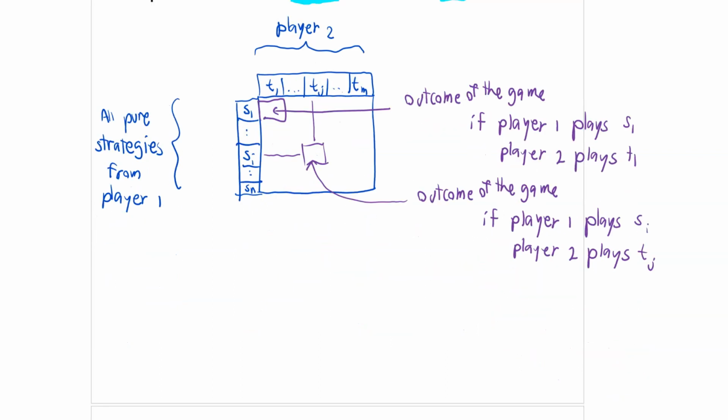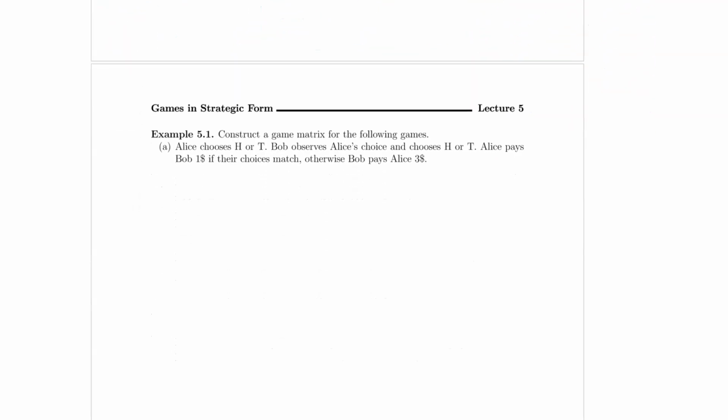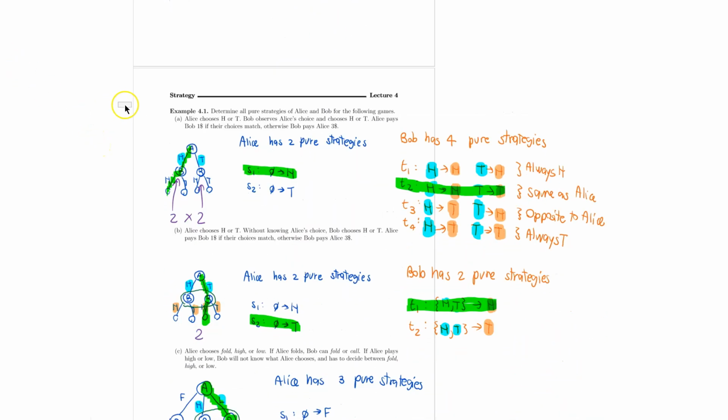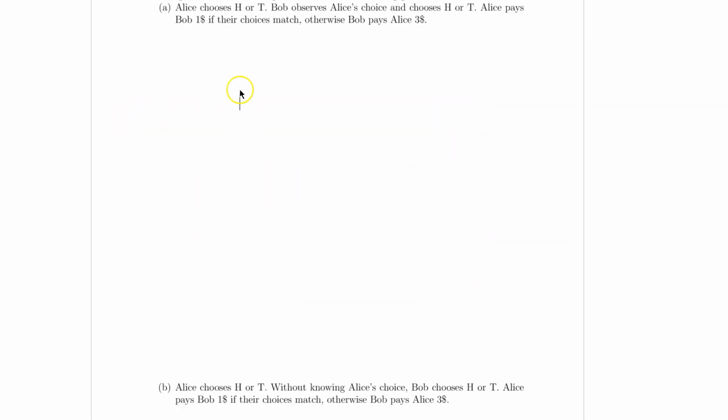So let's take a look at the example we have here. This is the example that we have been seeing for a while now. Alice chooses head or tail, Bob chooses head or tail, and then Alice pays Bob if the choices match. Otherwise, Bob pays Alice. We already have a game tree for this game, and we already have all the pure strategies from Alice and Bob, so let me copy and paste what we had from last time.